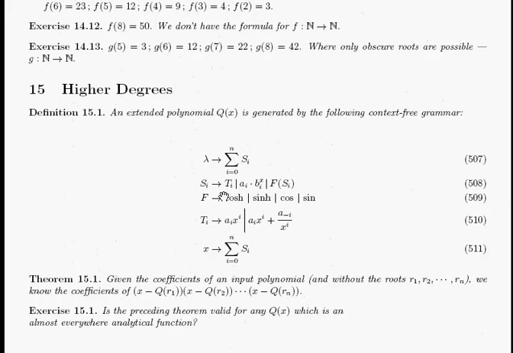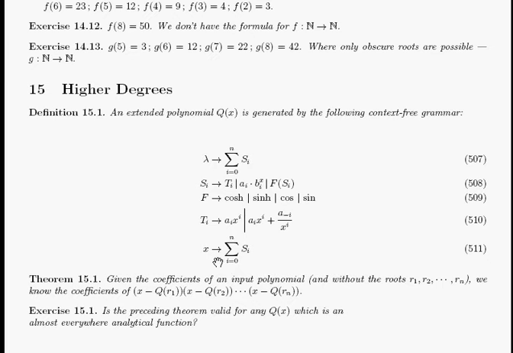Each si is ti or ai multiplied by bi power to x or f of si, where f is hyperbolic cosine, hyperbolic sine, ordinary cosine, ordinary sine. Ti can be replaced by ai x power to i or minus i.